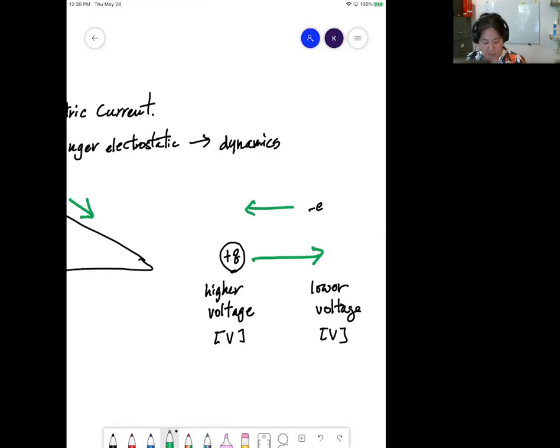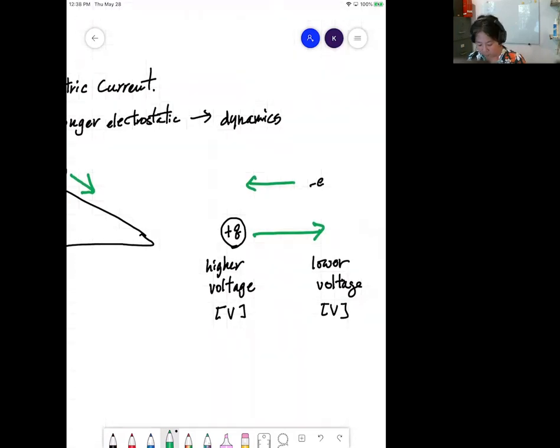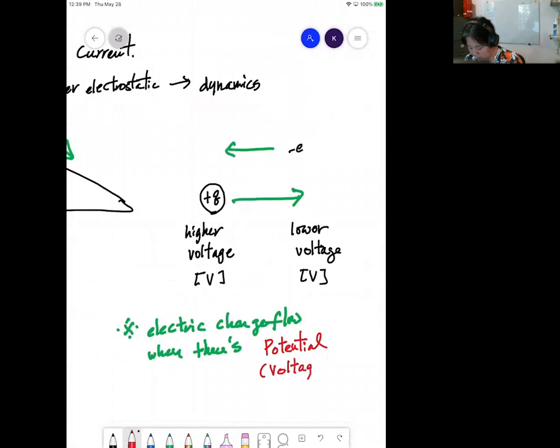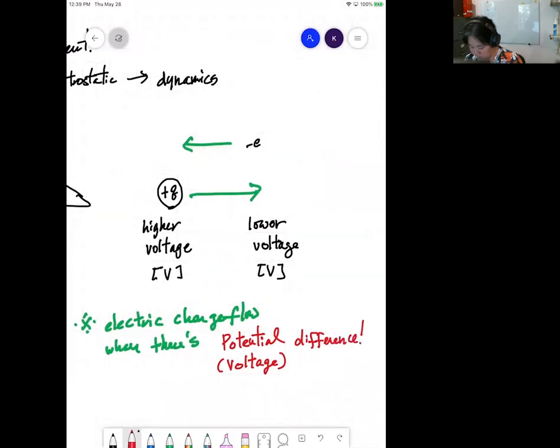Okay. So for a positive charge, when there's a potential difference, which in this case is a voltage difference, whenever you have an electric potential difference, high to low, you're always going to have electric charge flowing.